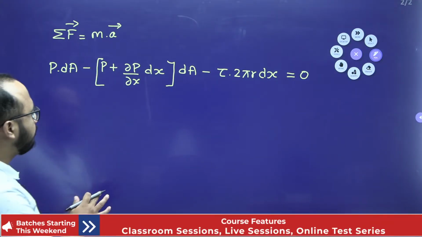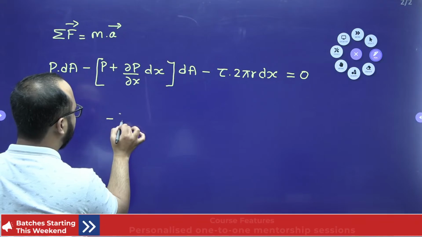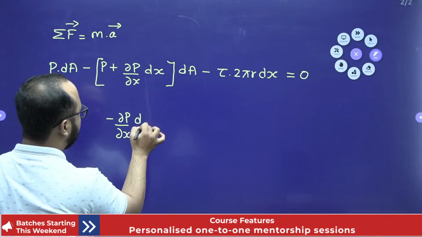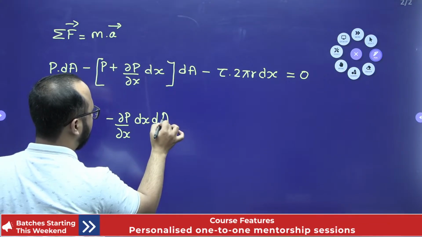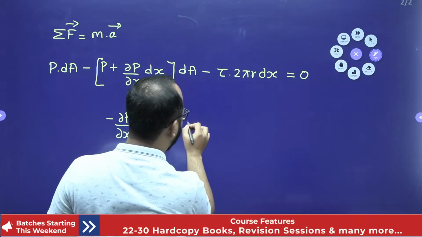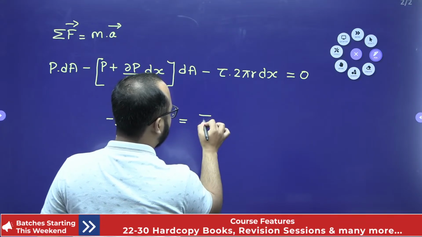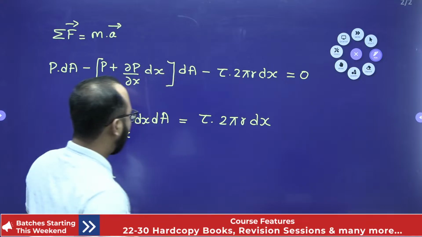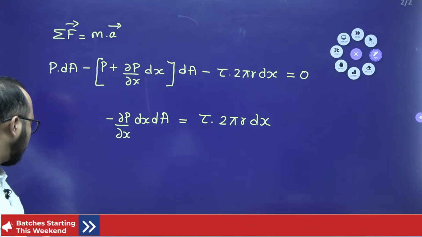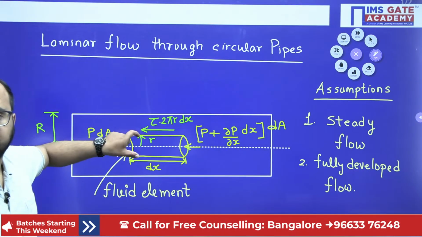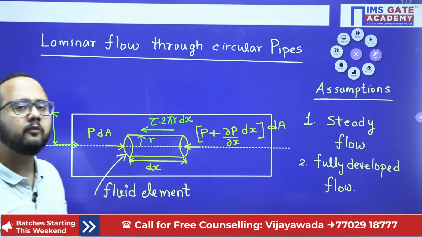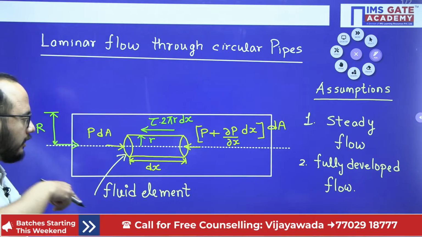Now after simplifying, you will get minus ∂P/∂x dx into dA, and this term will go on the right side: τ 2πr dx. Now this dA is the cross-sectional area of the fluid element, which will be πr², where r is the small r for the fluid element.